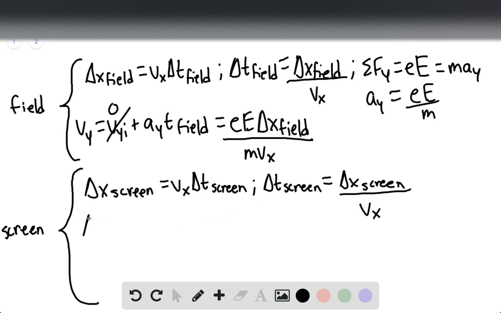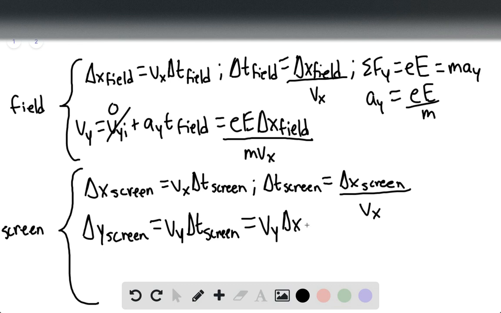And we know that delta y of the screen now will equal v_y times delta t of the screen. And we know that this is going to be equal to v_y times delta x of the screen divided by v_x.